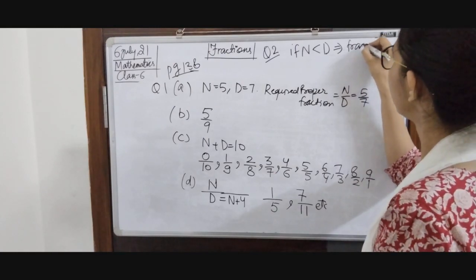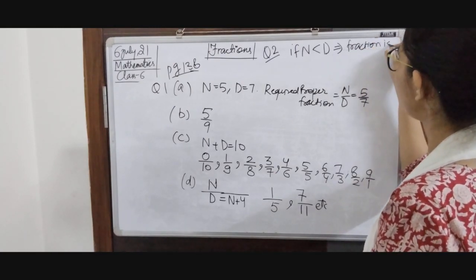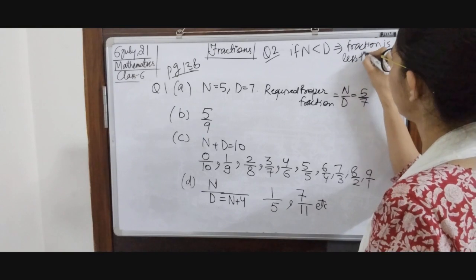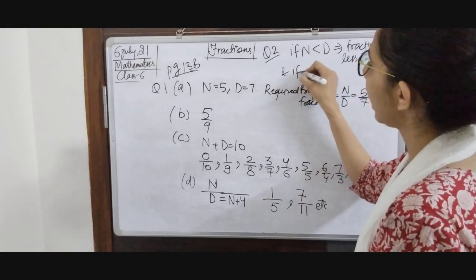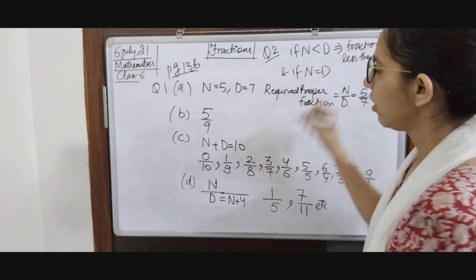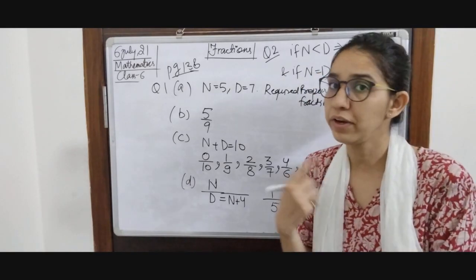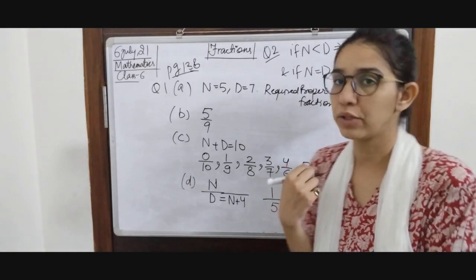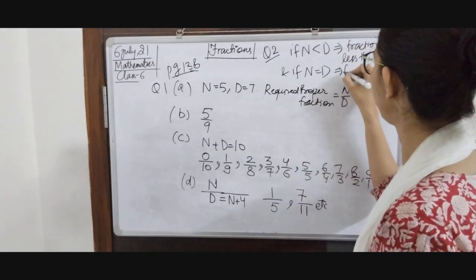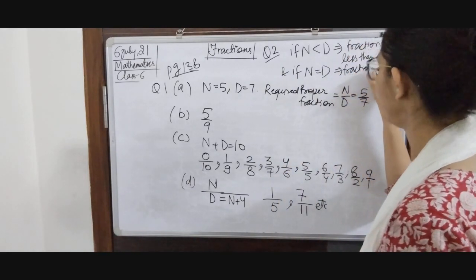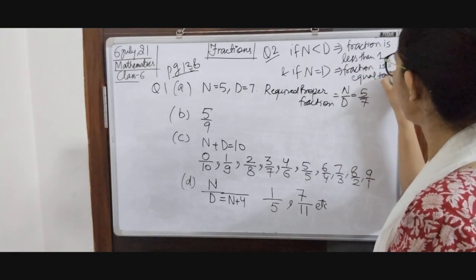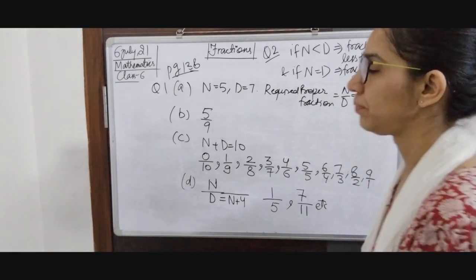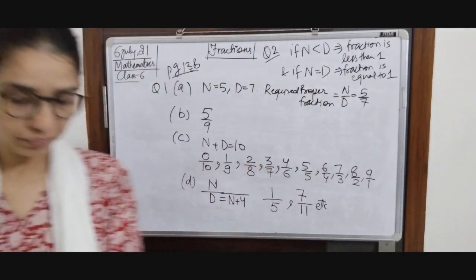And if n is equal to D, suppose 5 by 5, then it is going to be 1, so it implies your fraction is equal to 1, okay. This is this.